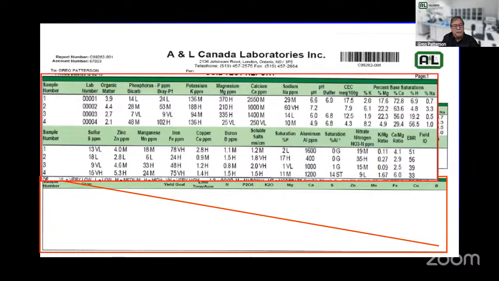We first of all do a cation exchange capacity on this field to give you understanding what soil type you're dealing with, and then we rate the nutrient status based on the soil types being what they are. So there's an optimal level of all these nutrients per soil type, and that's how we gauge what the level's at.